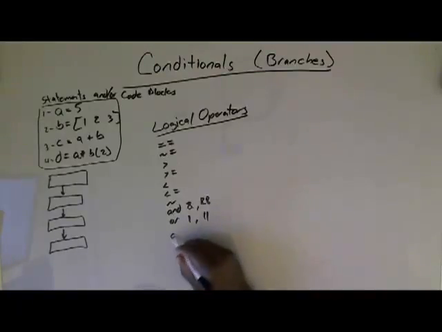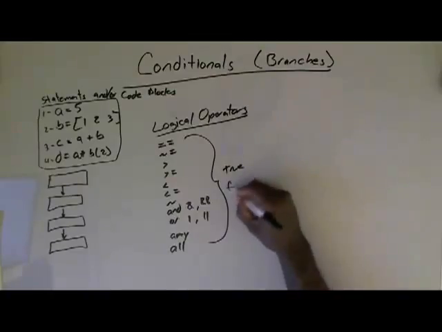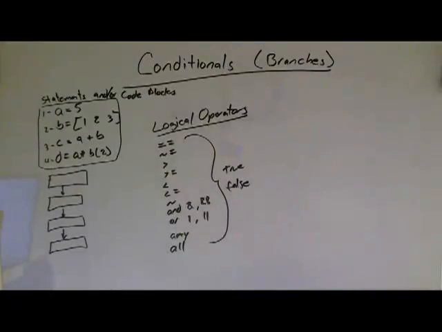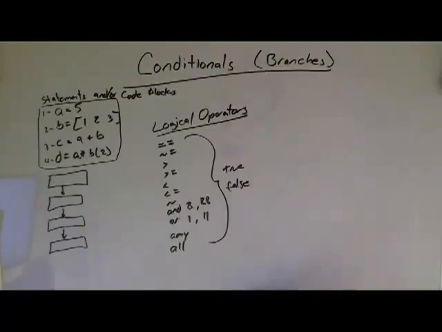We can do innies and alls. All of these return a true or a false. And so what conditionals do is determine which blocks of code we execute based on some logical test. Instead of having to execute code sequentially, with conditionals we can determine which blocks of code we execute via some true or false test.